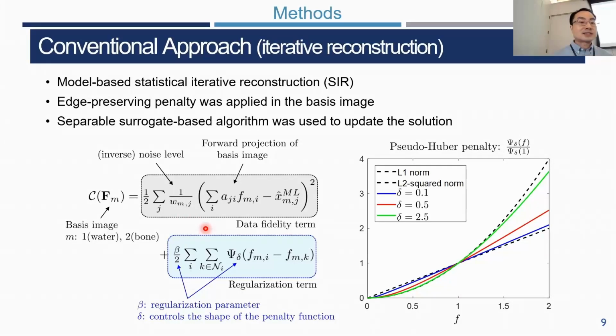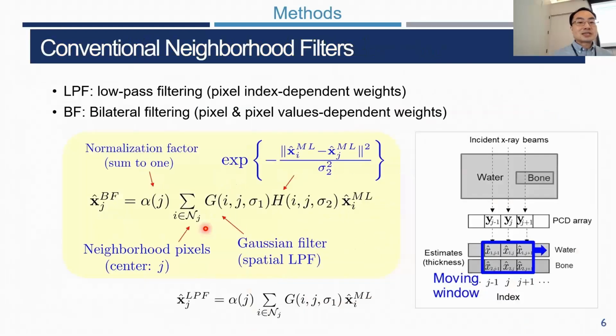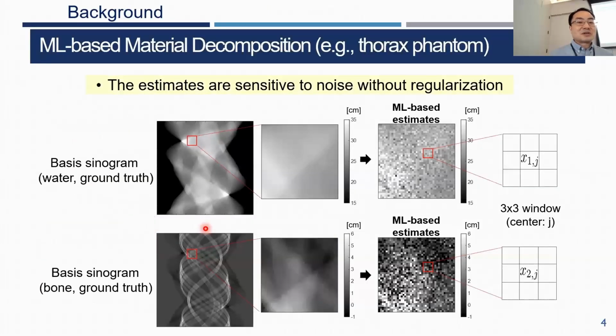Here it's just filtering, but the starting point is the ML estimation in the sinogram domain. Of course, one could interpret this as an iterative method to solve the ML, but it's the ML-based estimation in the sinogram domain. That's the starting point, and you apply the neighborhood filter to the basis images that are ML estimates. That's the proposed method.